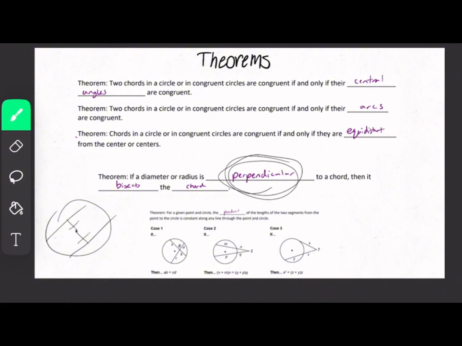If a diameter or radius is perpendicular to a chord, then it bisects the chord. So that would make this both perpendicular, 90 degrees, and that would also make these congruent. Cool.